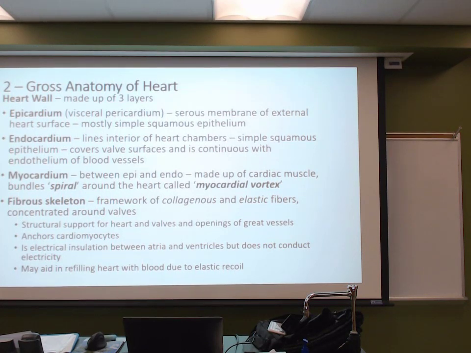Maybe you end up with a whole bunch of fires, electrical fires. Insulation is important. So insulation between atria, upper portion, ventricles, lower portion. Because you can see that they're trying to show a difference between atria and ventricles.